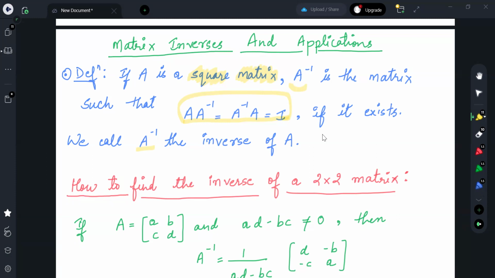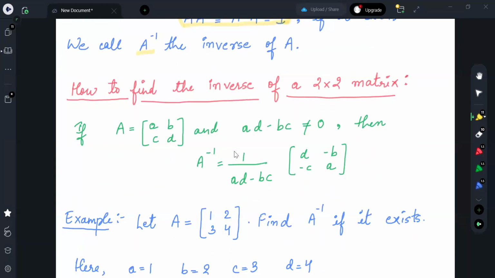Now, for 2 by 2 square matrices, finding inverses is a really straightforward technique. For example, this will be the general process. If A is this 2 by 2 matrix with entries a, b, c, d, which are real or complex numbers depending on the context of the question, such that a times d minus b times c is not equal to 0, then A inverse exists.